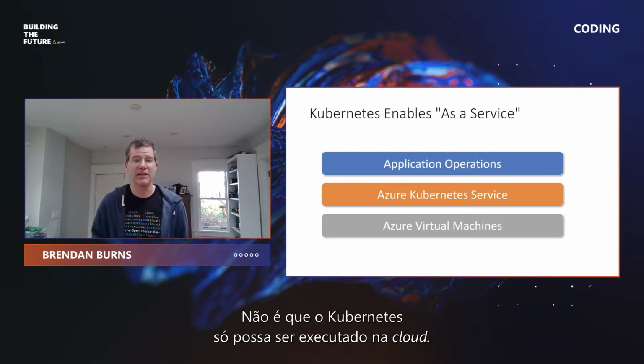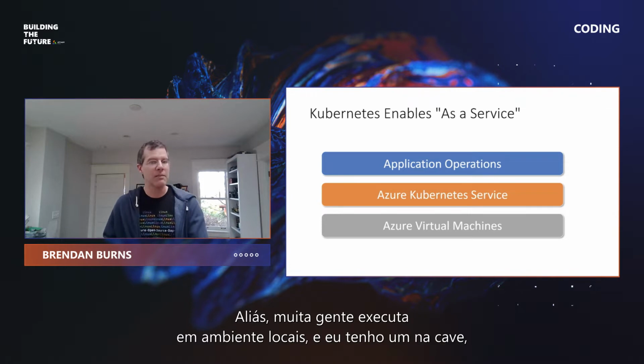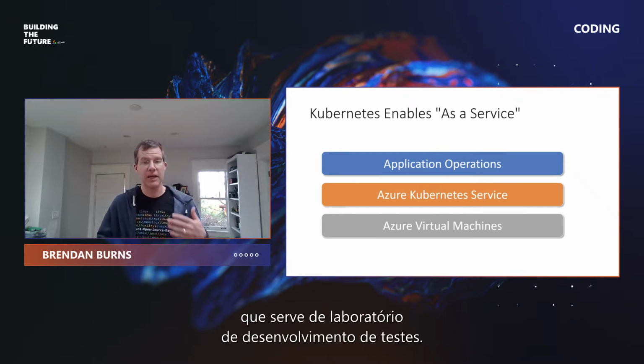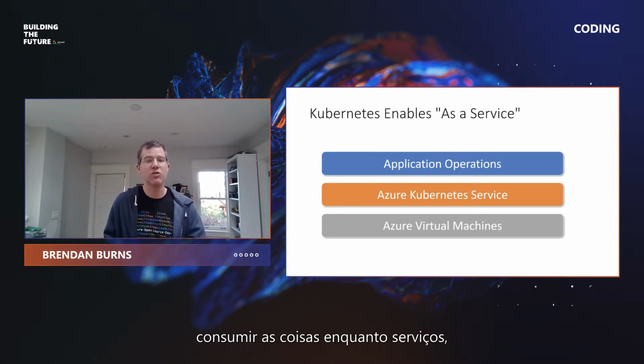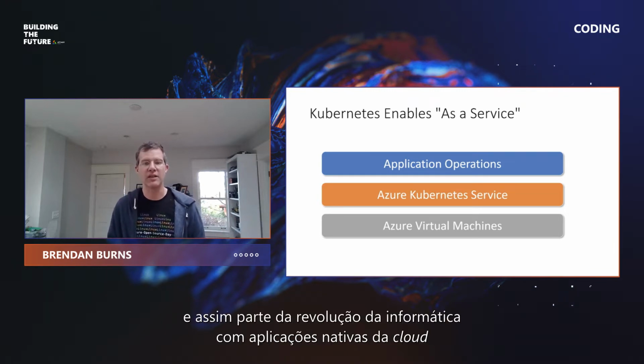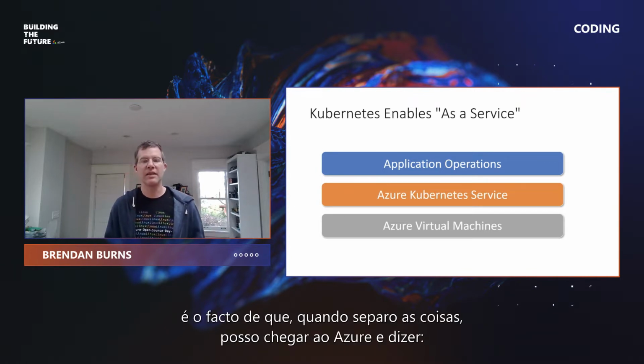It's not because Kubernetes can only run on the cloud. In fact, many people run it on bare metal environments. I have one in my basement that I use as a test dev lab. But the truth is that it's much easier, with this specialization and modularity, to consume things as a service.